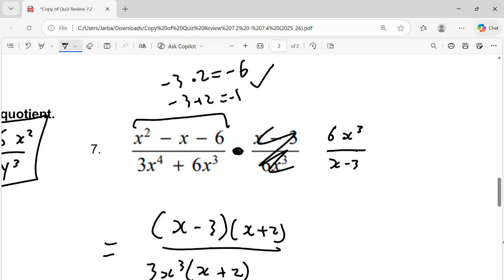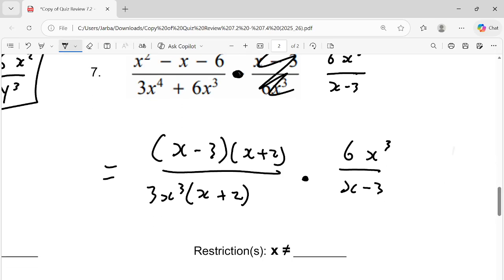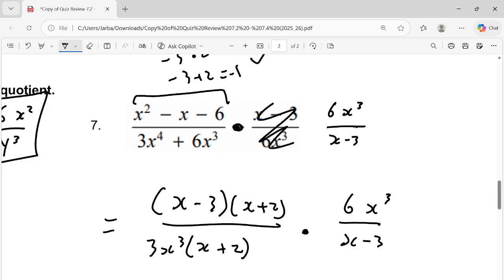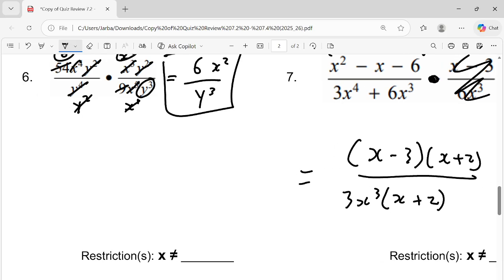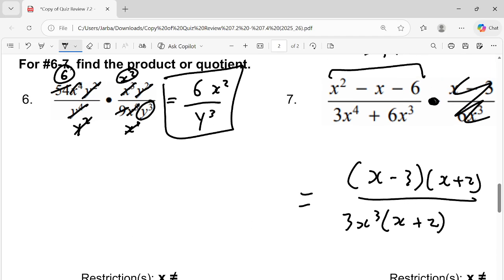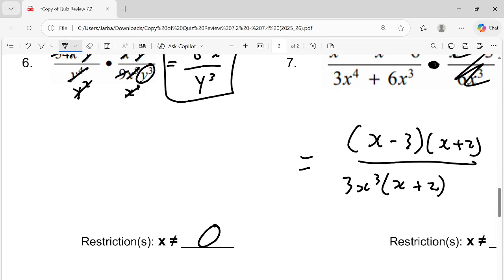Okay. Times 6x to the 3rd over x minus 3. Now, notice a lot of these things are going to be able to cancel, right? Or actually, for this one, I forgot to say it, sorry. For this one, x cannot be 0, and y cannot be 0.